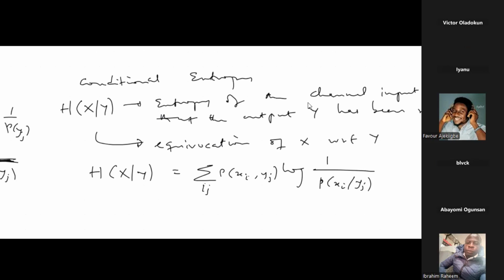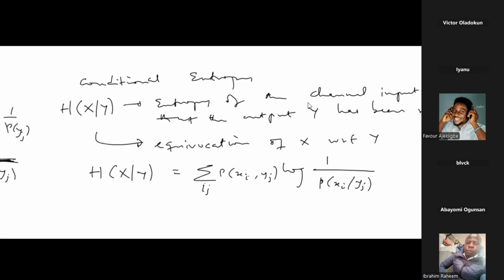Now in the same vein, we also have the conditional entropy of Y given that the input was transmitted. So we are saying the entropy of the output Y given that the input was transmitted.